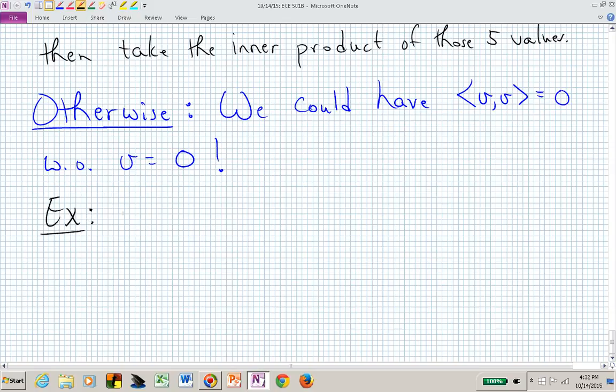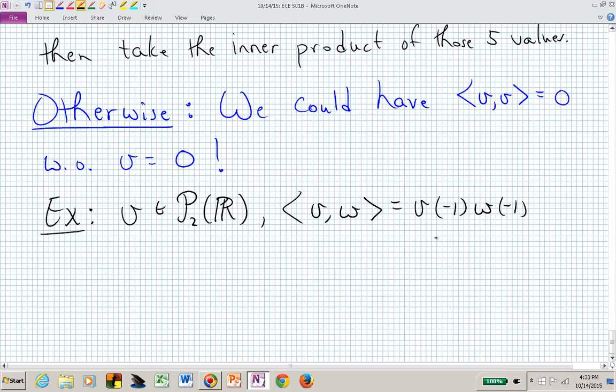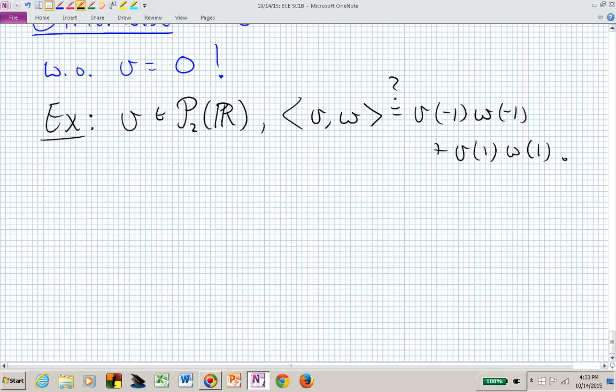As an example, suppose that we had a vector that's a second order polynomial over the reals, and maybe we now defined an inner product of v and w to be, let's say, v of minus 1, w of minus 1 plus, so now we're questioning this, v of 1, w of 1. We're saying, oh, we don't need 3, we just need 2. But we've convinced ourselves, I hope, that we need 3 or more. And this is the reason with this particular example.